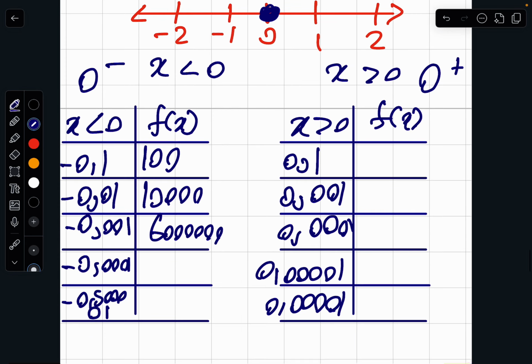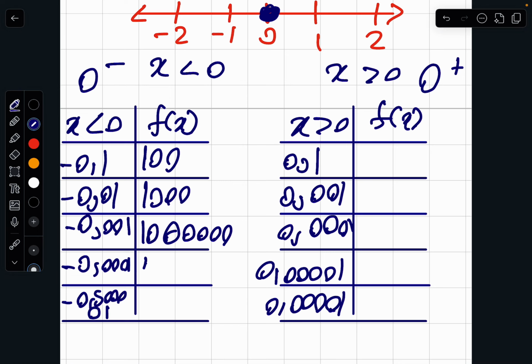Understand? So let's check our last values. It's 10 million soon, then 1 million. I think it's 100 million or 10 million.